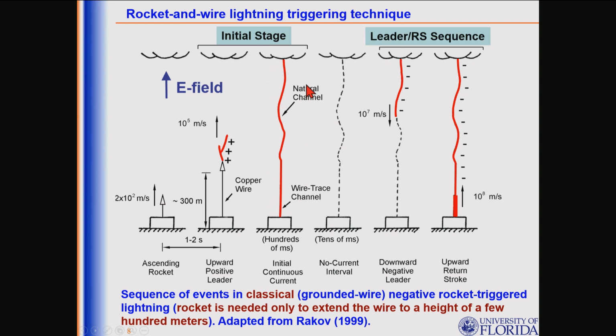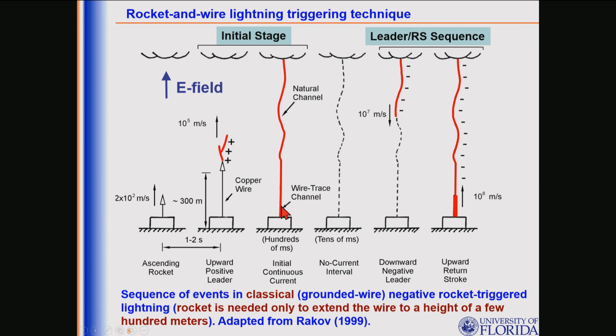Below the cloud base, we see a quasi-stationary arc, with current of the order of 100 amperes, burning for times of the order of hundreds of milliseconds. This is usually called the initial continuous current. This is the upward positive leader, and the two together are usually referred to as the initial stage in rocket-triggered lightning.